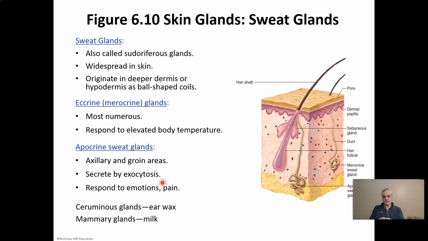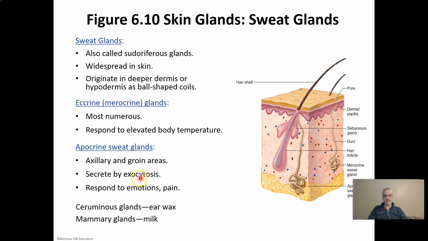So these small vesicles that are created have the material, the sweat in them, but also have odoriferous compounds in there.